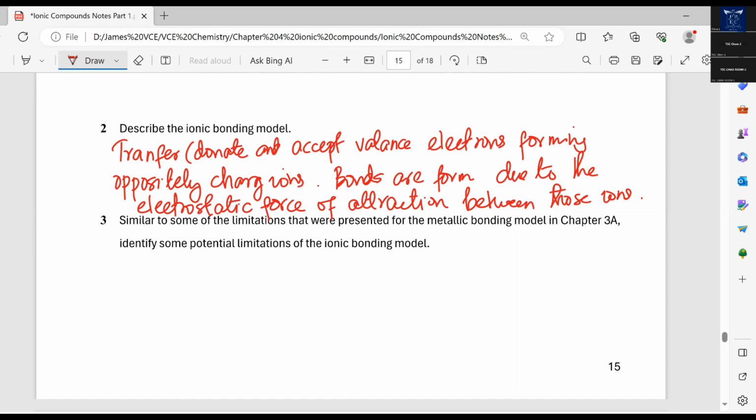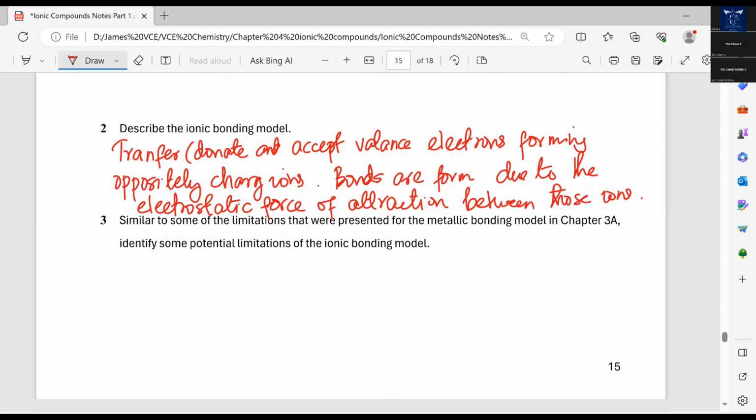It also does not explain the different melting points and boiling points of different ionic compounds. If they all have electrostatic forces of attraction, they should have similar melting and boiling points, but the model does not explain why different ionic compounds have different ones. It also does not explain electrical conductivity of those compounds in different states.